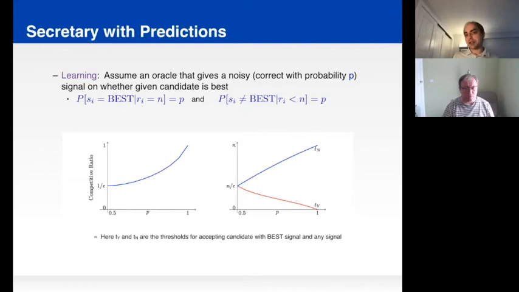And at the same time, I'm trusting more and more in the oracle as p grows towards 1, and so that's why the blue line goes closer and closer towards n, that I'm not going to accept somebody where the oracle doesn't say that they're the best person so far. And so you have this evolution. We know by the analysis that we've done before that this is actually optimal for this case.